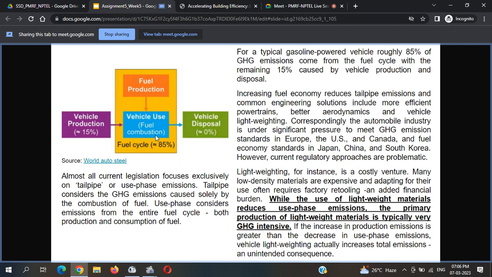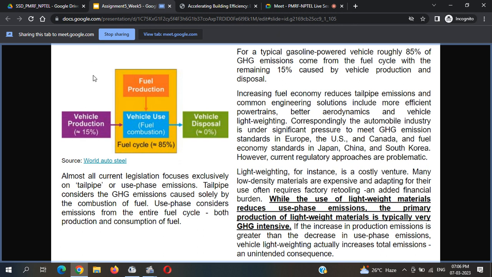So although they are cutting down on the emissions in the fuel use, emissions in the vehicle production stage are increasing, because creating lightweight materials and aerodynamic designs and the other things creates more greenhouse gas emissions in the production stage. So although emission in this stage is being focused on by the companies and the regulatory body, emission is being reduced here, but emission is increasing here.